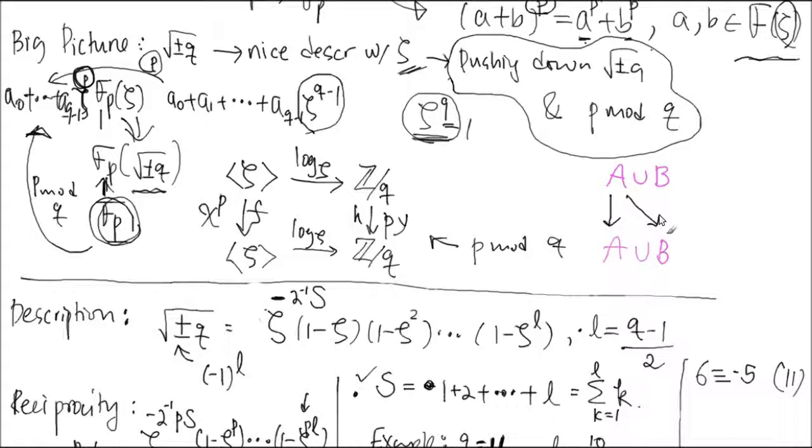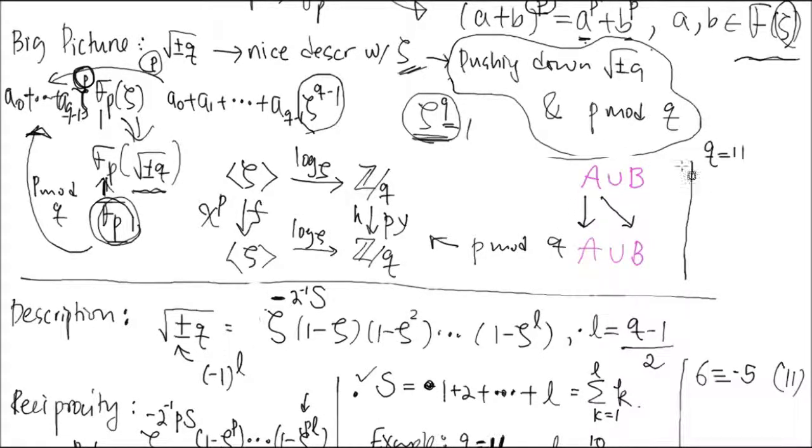So I decided that this is too general, so I decided to go with an example. What is our example? Q equals 11 is our example. Let me move slightly to the left so that I have more room here. Let's look at Q equals 11.